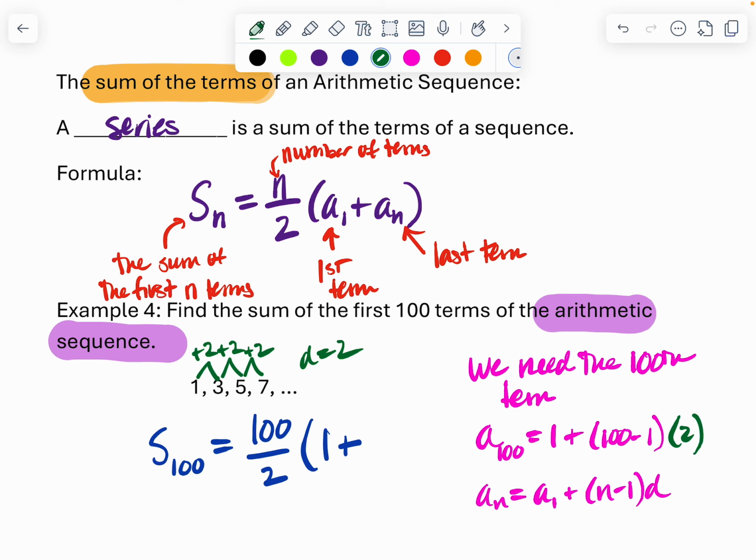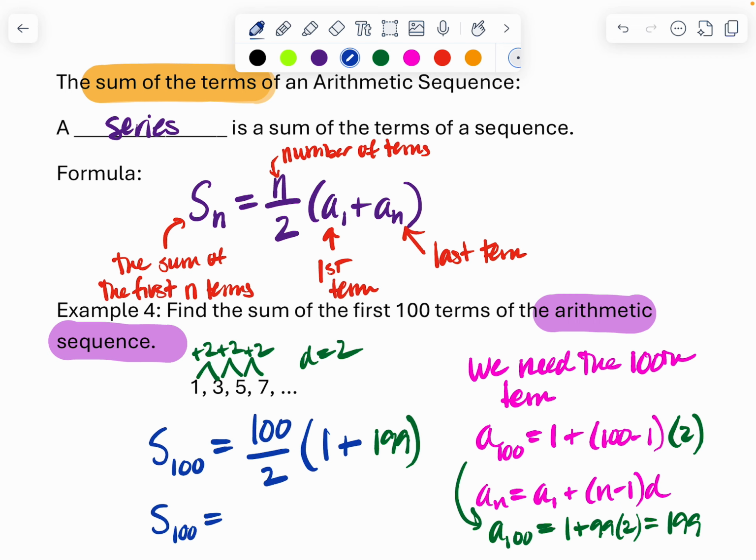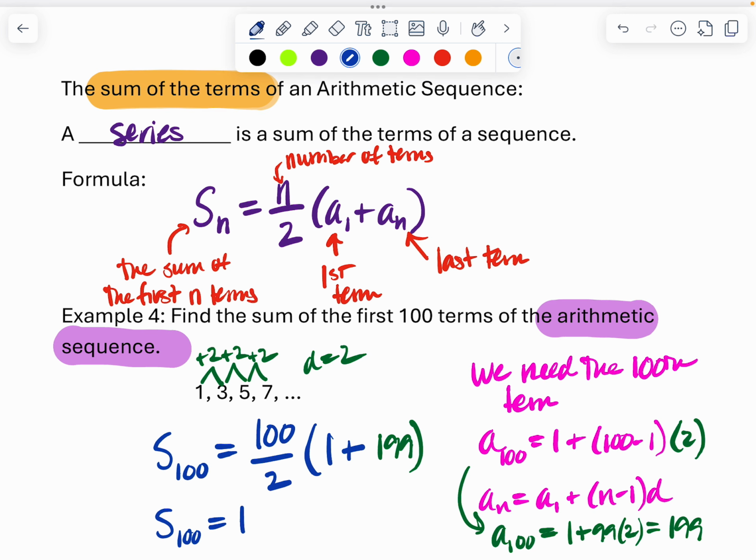So a sub 100 is 1 plus 99 times 2, which is 199. That would be our 100th term. And when we do this work here, 1 plus 199 is 200, divided by 2 times 100, that leaves us with 10,000 as the sum of our first 100 terms.